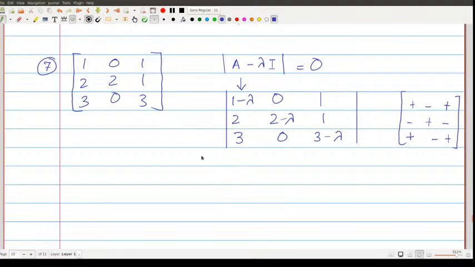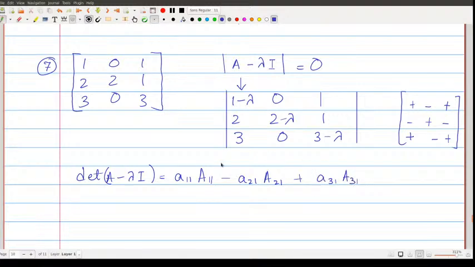So the first case could be 1 minus lambda times its cofactor, right? So we can write the determinant of this A minus lambda I as a11 times its cofactor minus a21 times its cofactor plus a31 times its cofactor.